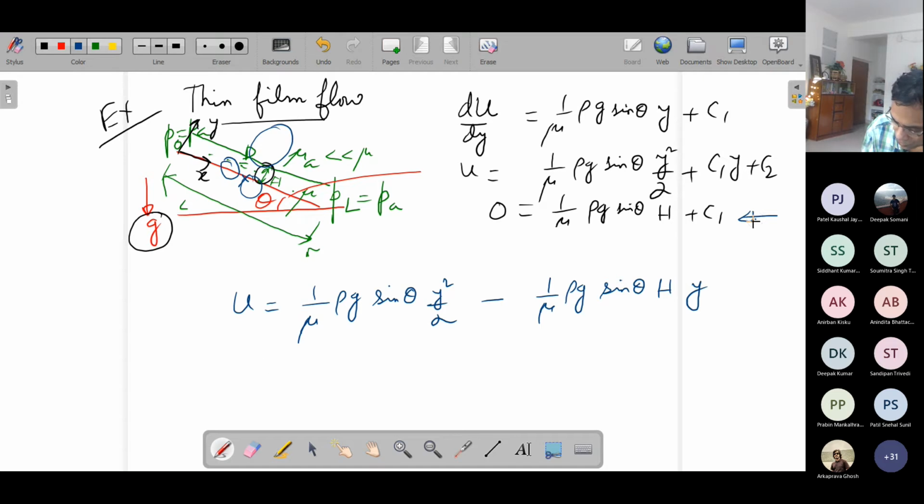That is from here. So this is 1 by mu rho g sine theta into y square by 2 minus yh.